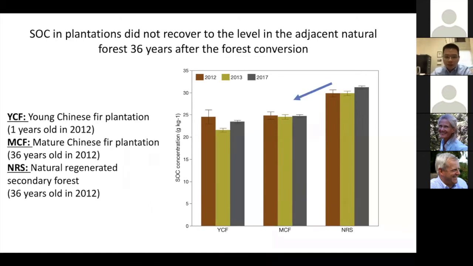And my results found that first, the Chinese fir plantation hardly recovered to the level of the ancient natural secondary forest. And also the SOC didn't change although the Chinese fir grew from the young to the mature forest.